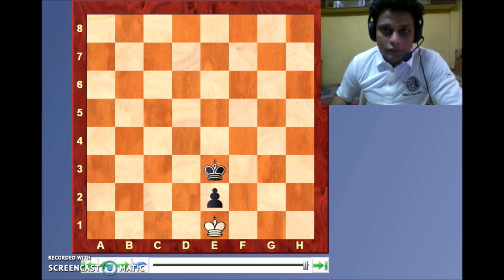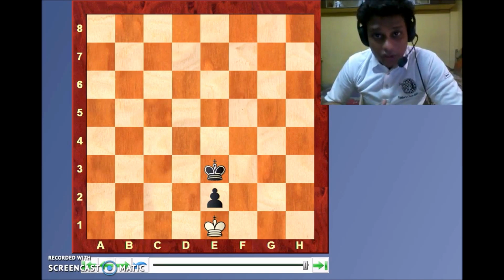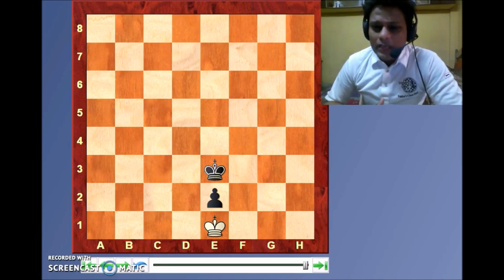Practice unless you master it completely, because it happens in a lot of games. You need to display the skill to get the crucial half point out of the game, especially when you have the opposition. If you play incorrectly, your opponent will be able to successfully promote to a queen, and you would lose.